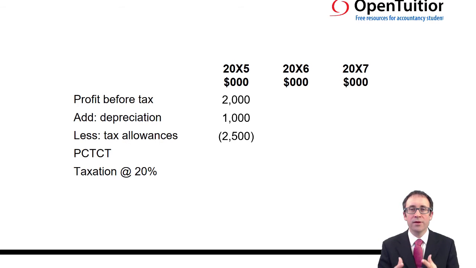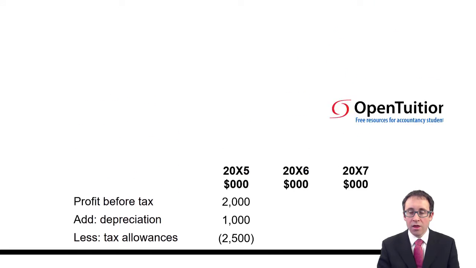In the first year, it was 2,500. That will now give me my profits chargeable to corporation tax, which are 500. And if I apply 20%, I have 100. Okay, so we've estimated my tax liability to be 100.